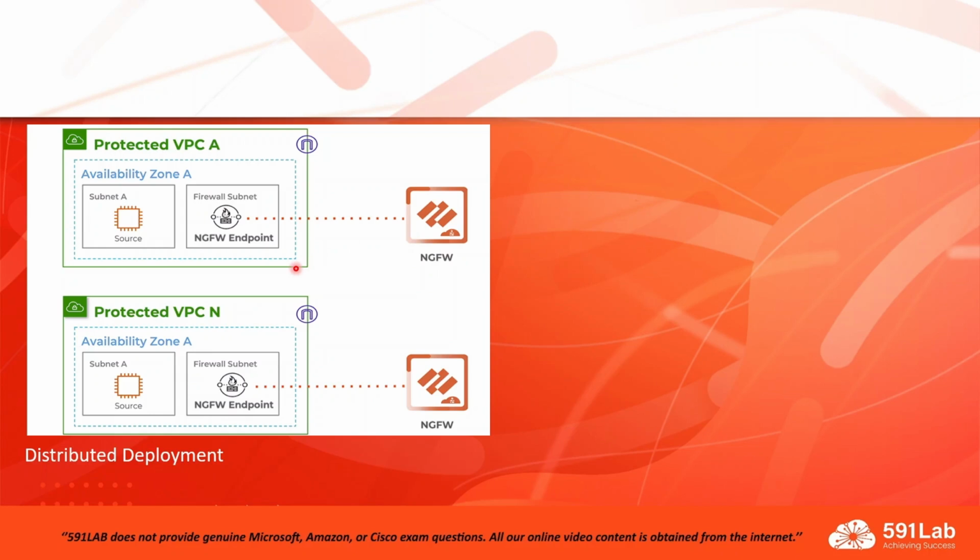This deployment of cloud NGFW will inspect the inbound or outbound traffic flow and also the traffic between subnets in the VPC. To clarify these models, let me show you in the next slide.